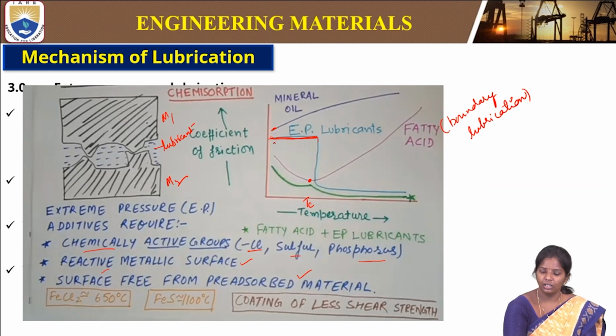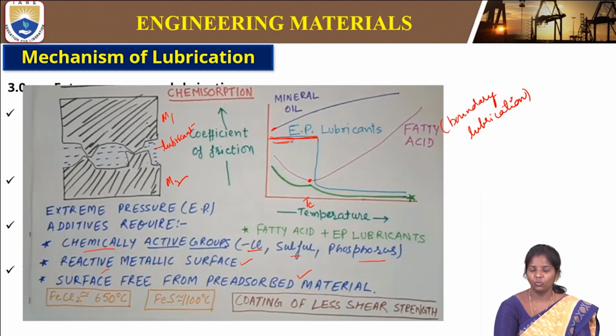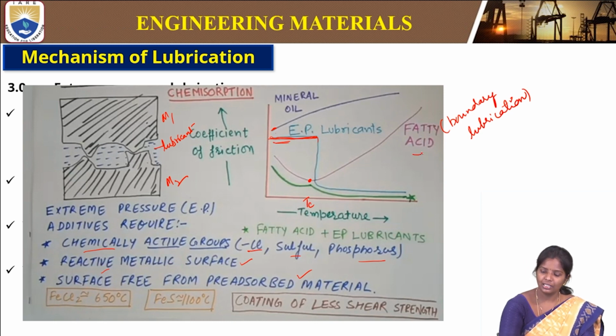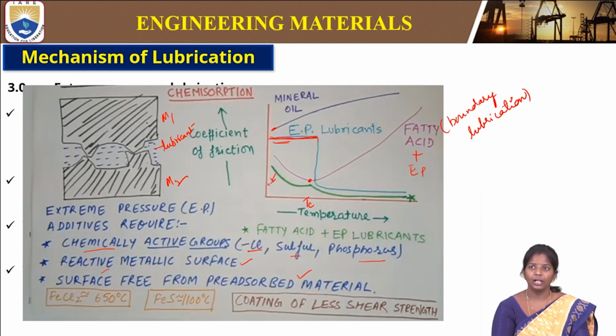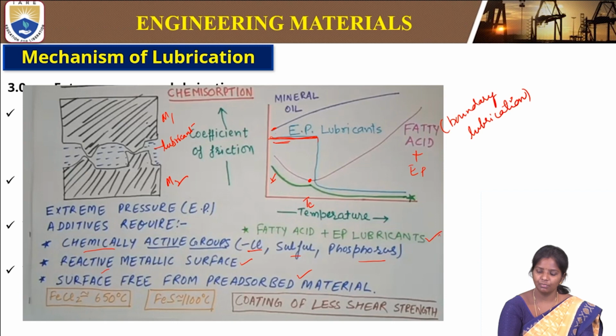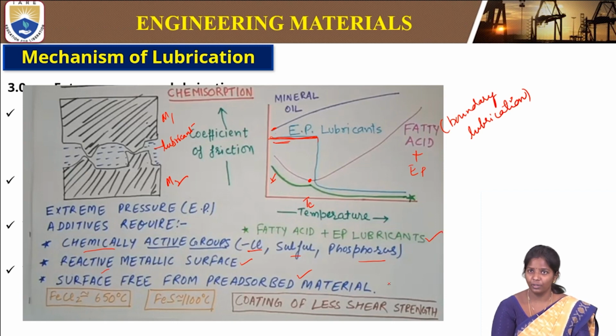But this is in the constant range, so we don't want that to happen. So what we have to do is mix the fatty acid with extreme pressure lubricants. The dark green one is where fatty acid is mixed with extreme pressure lubricants.